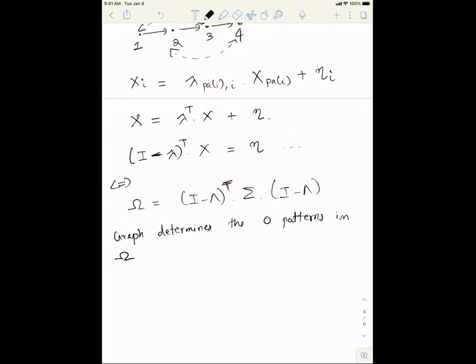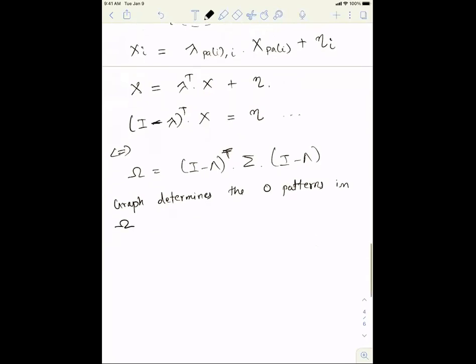Essentially, what this algorithm does is solve the set of equations at the zeros of omega. You set up that set of equations and solve for them wherever this expression evaluates to 0, which you get by looking at the graph given as input.